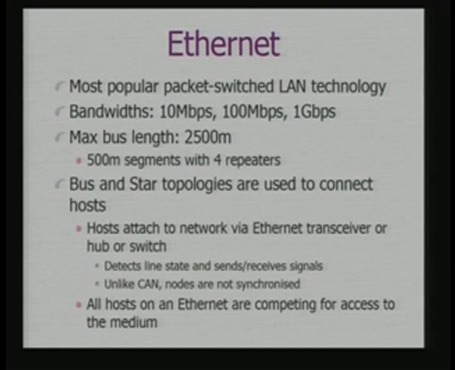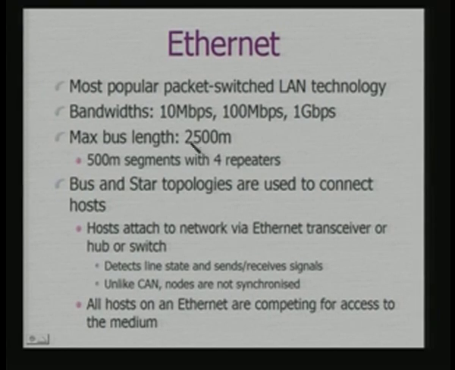If you look at packet switched networks in general, Ethernet is the most popular packet switched LAN technology. It typically works at bandwidths of 10 Mbps, 100 Mbps, and even today you have gigabit Ethernets.